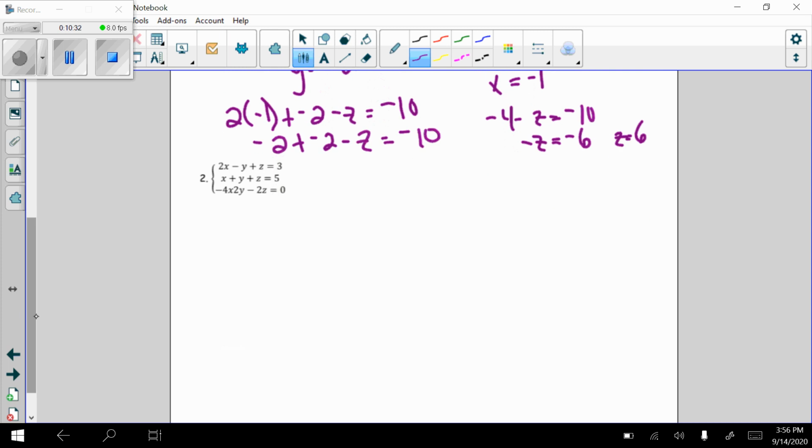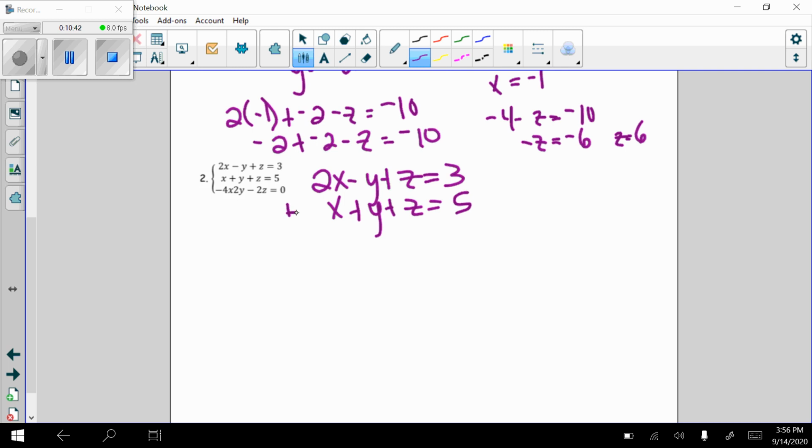Again, I see the top two. I can go ahead and add those two together. 2x minus y plus z equals 3. Add with x plus y plus z equals 5, because I already have opposite y's. So here I get 3x plus 2z equals 8.